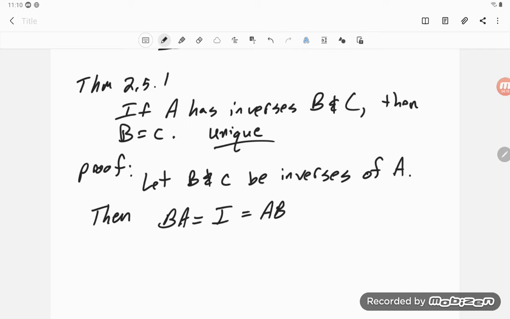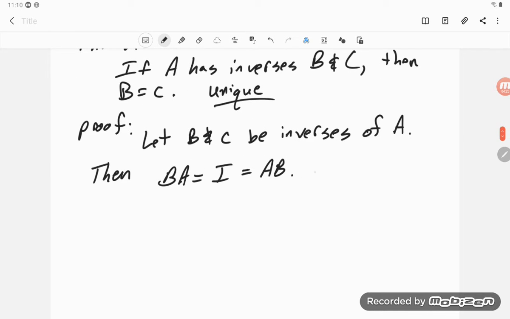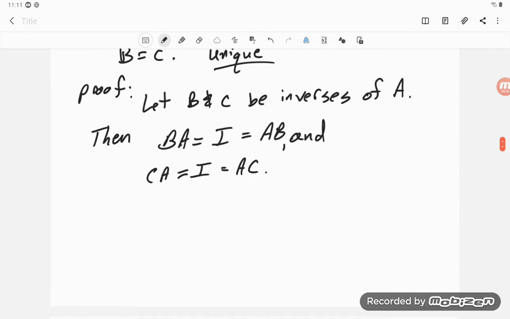And similarly, C times A is I, but that's the same thing as A times C. We're just saying that if they are inverses, then they have these properties, because that's by definition.